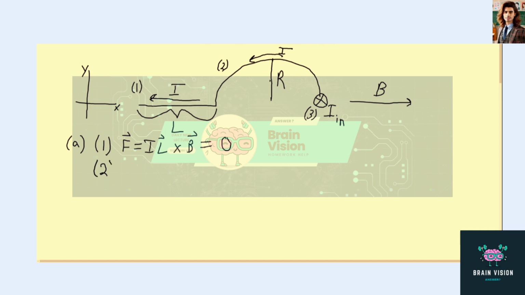Here, we have to consider that this L vector is going to be changing over the entire conductor. So let's think about this. When we are on the right side here, the current is pointing upwards, and so by the right-hand rule, the force is going into the page.